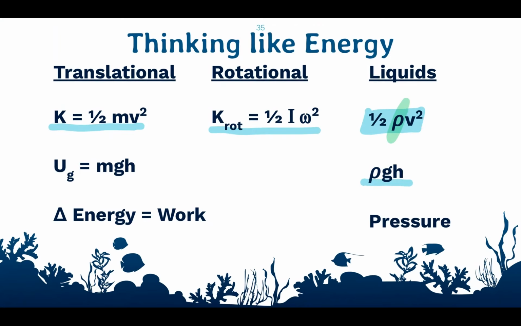Just as a heads up, I have height here, but you might also see it as rho g y or rho g delta y. So just think about height or y as the same thing. Either way, same thing. And then work is kind of like pressure, it's like potential energy in some ways.